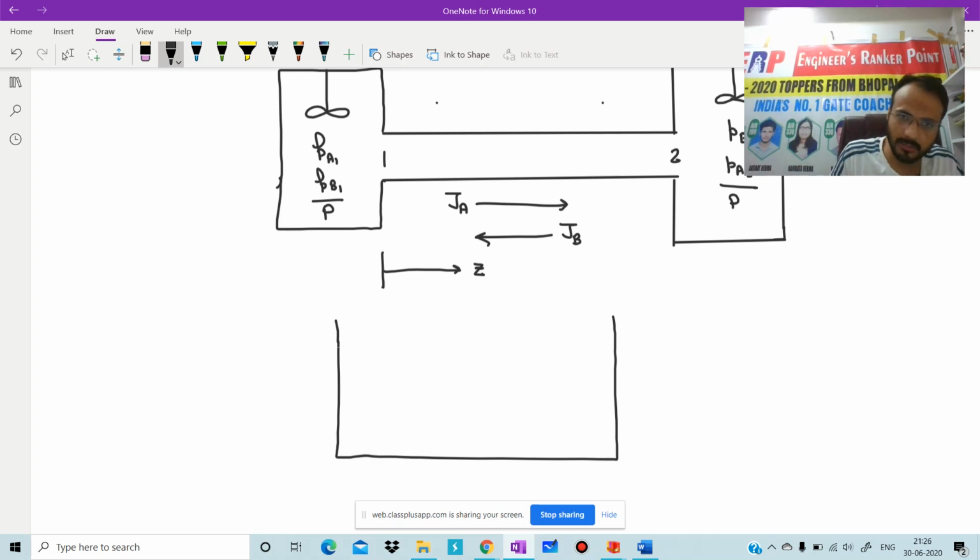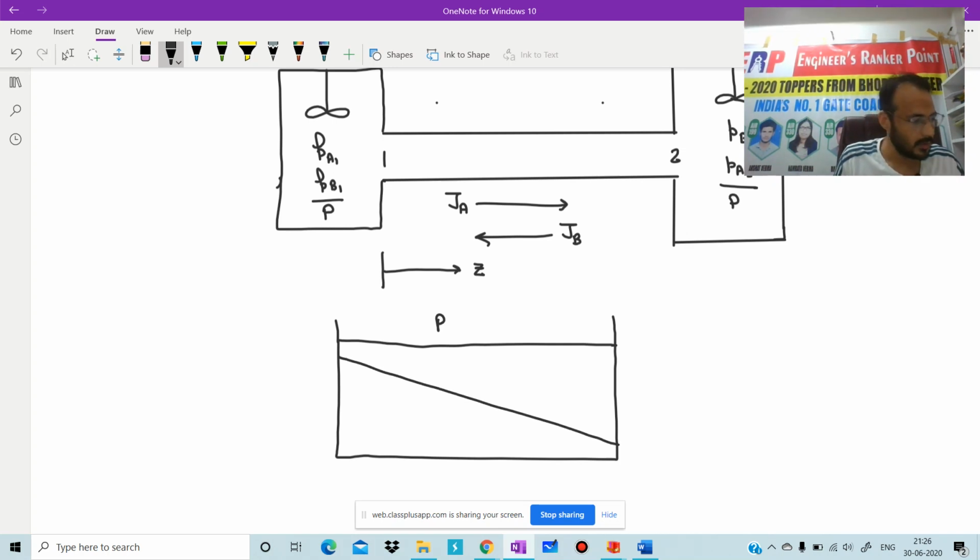At any time, total pressure is constant, that is capital P. PA1 from higher to lower, PA1 or PA1 bar both are same. Here, higher to lower, PB2 to PB1. Is it clear?